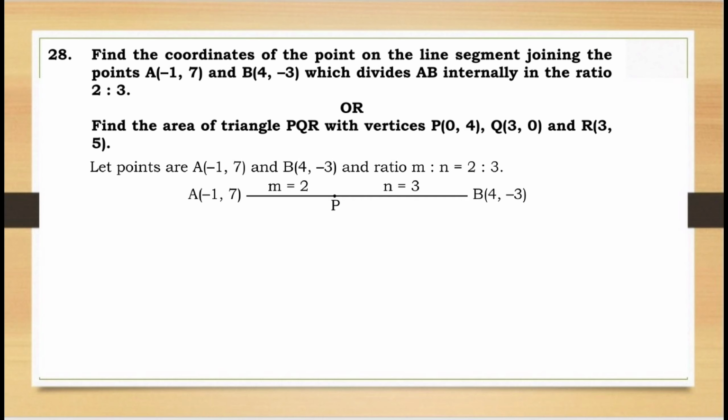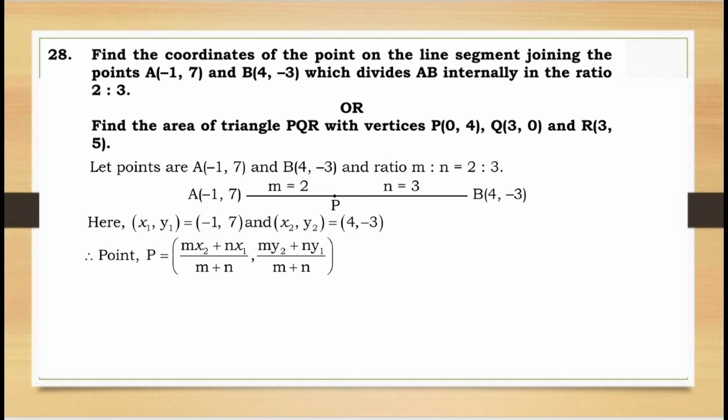Now we know that if the point P is cutting the line internally in the ratio m:n, then we can write P equals mx2 plus nx1 whole divided by m plus n, comma my2 plus ny1 whole divided by m plus n. So here we know the values of m and n, and x1 y1 will be -1, 7 and x2 y2 will be 4, -3.